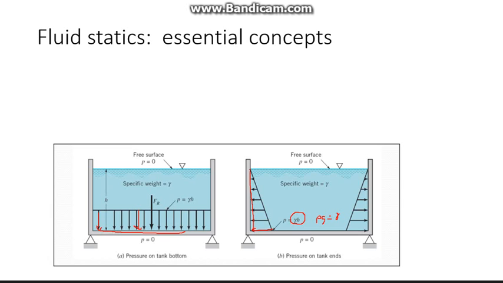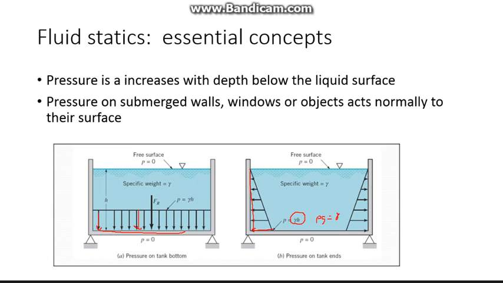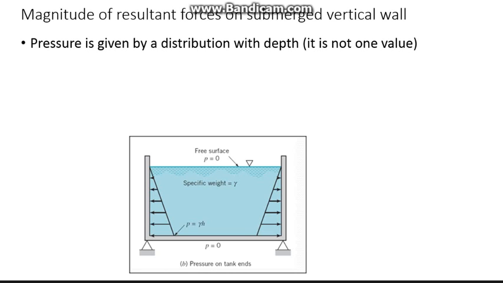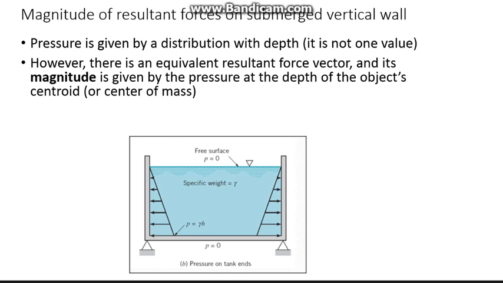This pressure distribution is everywhere normal to the surface. So these are all normal vectors hitting the surfaces. So even though the pressure is given by a distribution along the depth, it's not just one value. We can come up with a resultant force vector that represents this pressure distribution. And that's what we want to do. The magnitude of that vector is easy to get. It's simply the magnitude of the pressure at halfway down in this case, or the average depth of this object.